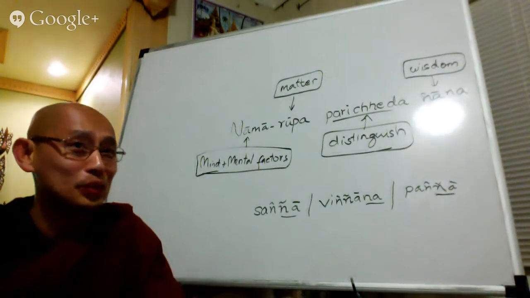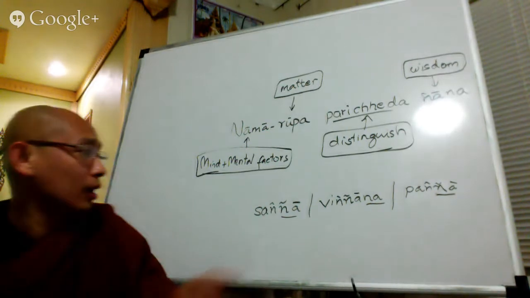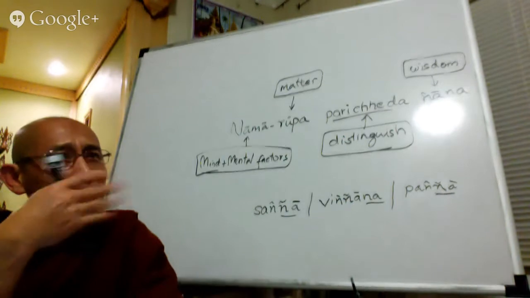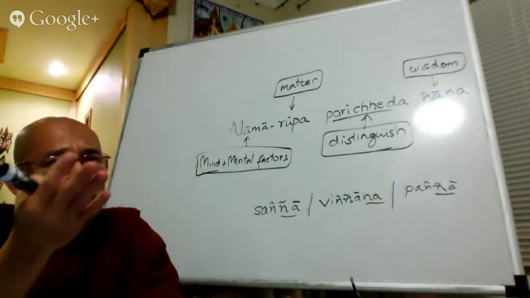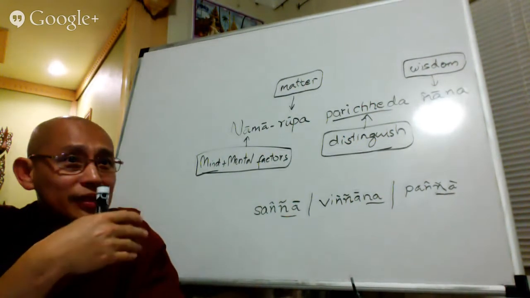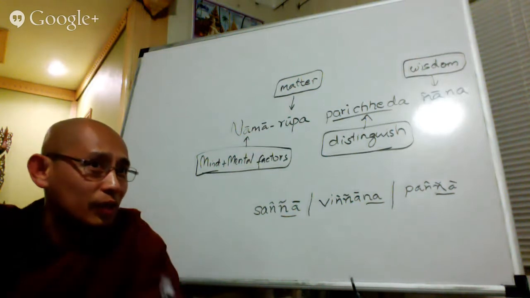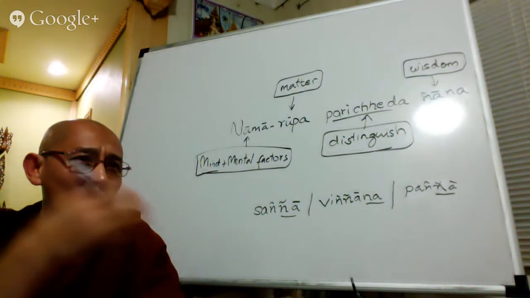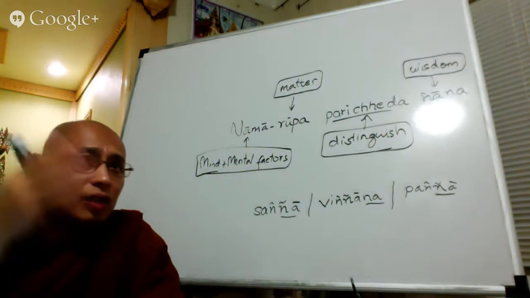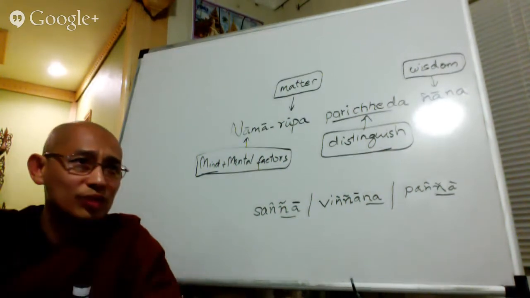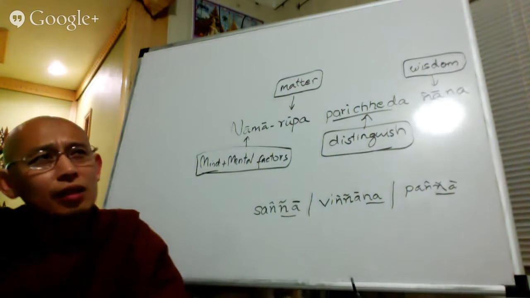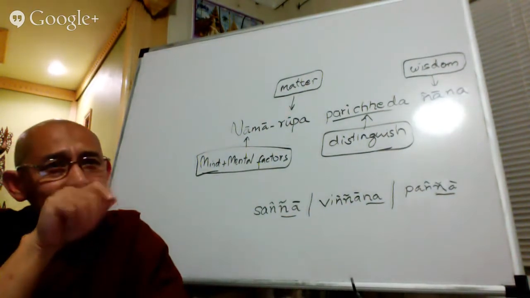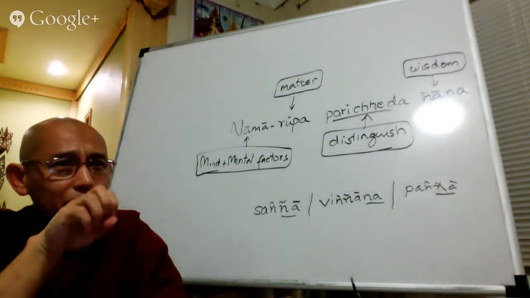But sanna perceives the object, like yellow color, long, short, memory, it keeps.